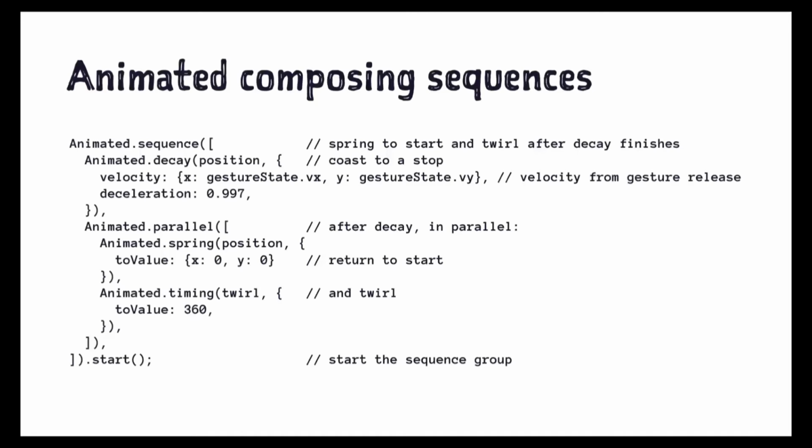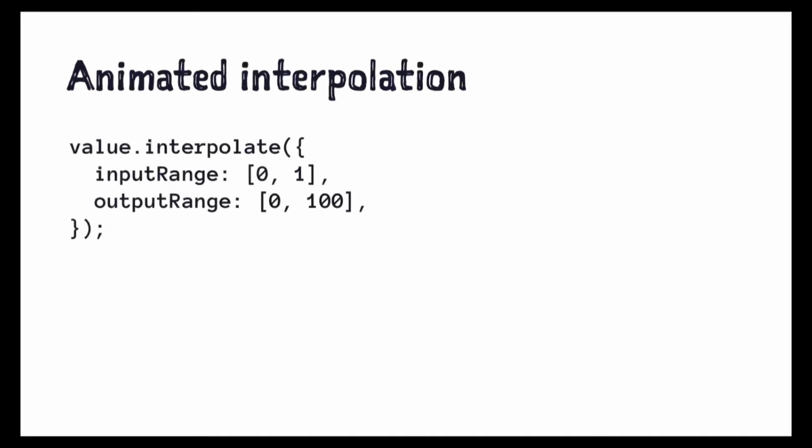And in parallel with that spring animation, we have a timing that does a twirl, which is a constant of one of those curves that are included for you. And then we call start. Same idea, just a lot more power and a lot more control. Again, you'll notice that you're not doing these manually yourself. You're going to bind these through Animated.